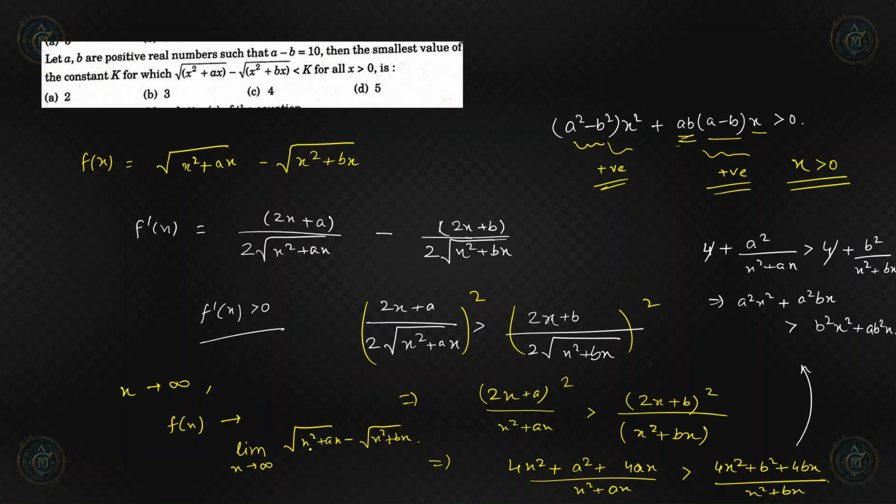So the limit t tending to 0 plus, this becomes under root 1 by t square plus a by t minus under root 1 by t square plus b by t. So this thing becomes 1 by t, then under root 1 plus at minus under root 1 plus bt.